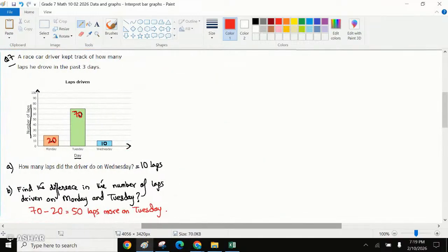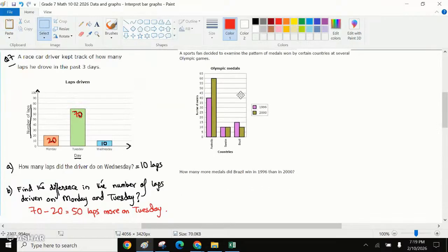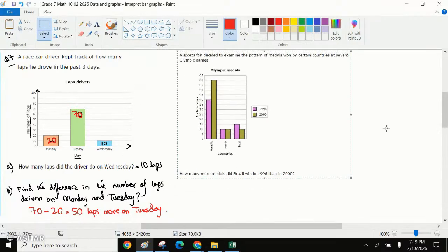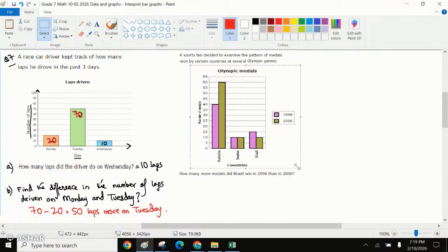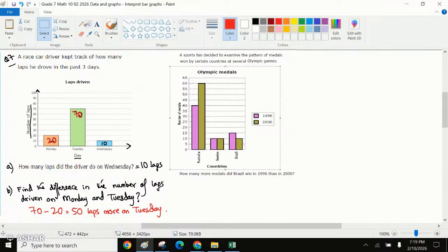For the next question, it says, a sports fan decided to examine the pattern of the medals won at Olympic Games. Okay, let's see what is the information given. We have countries and we have the medals with us. If this was the bar graph given to us, question number 8.